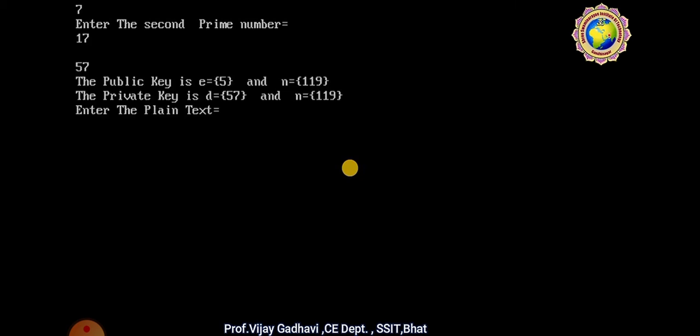Second number you need to enter here, 17. Then here you see the public key is e 5 and n 119, the private key is d 77 and n is equal to 119. The plain text hello, you can get ciphertext 106 and decrypted text is 106.